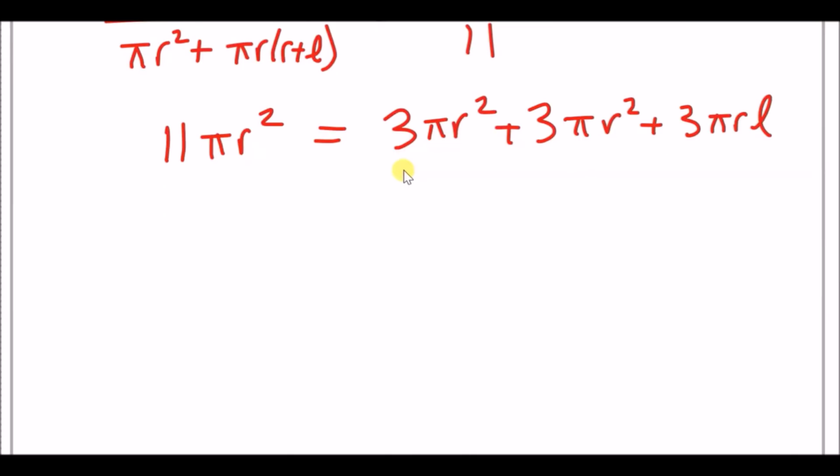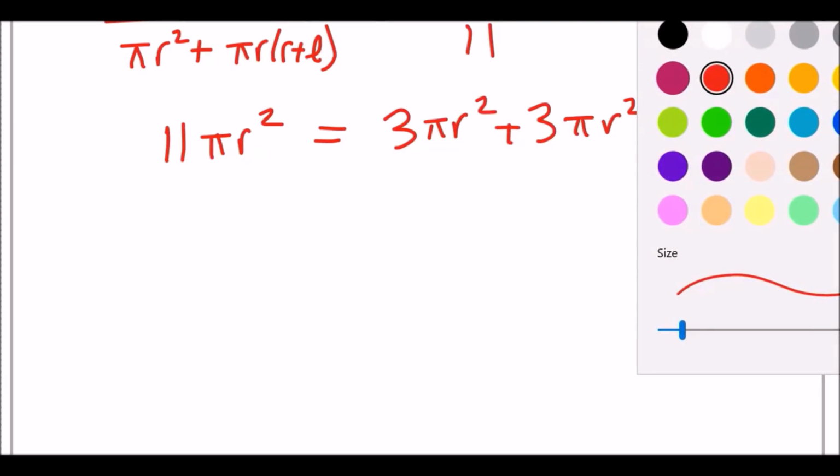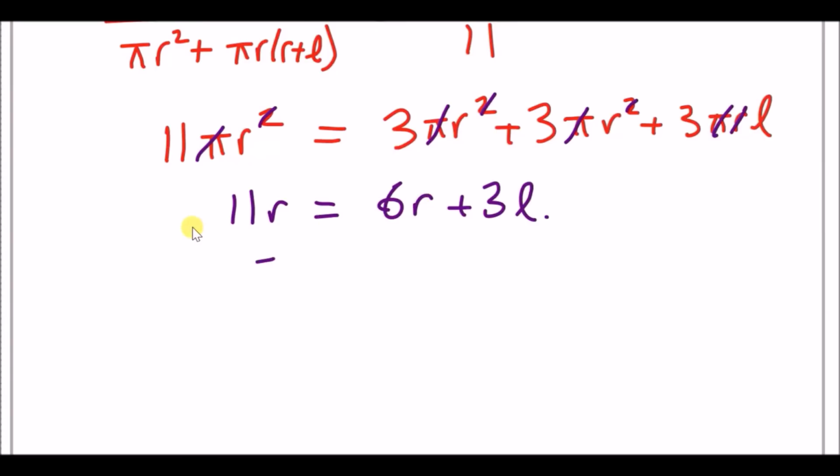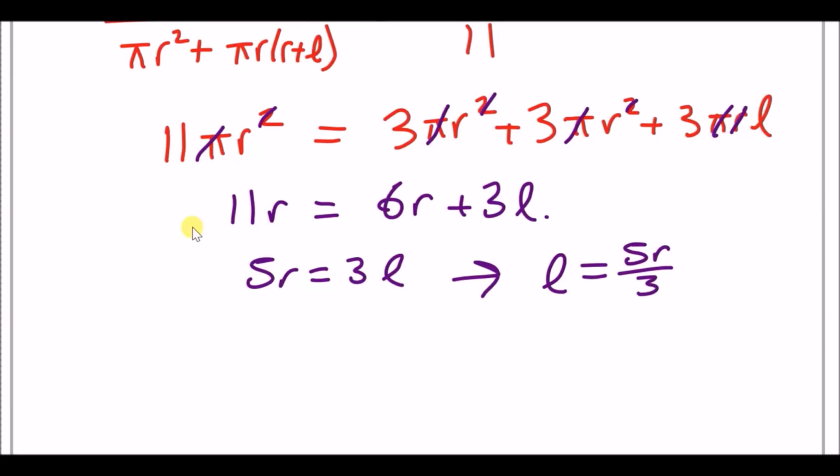Actually, you can cancel all the pi's. Let me just change the color of the pen. So the pi's go, and then you can cancel 1 power of r. So now you've got 11r equals 3r plus 3r, which is 6r, plus 3l. And you can make an expression for L. Subtract 6r, so you've got 5r equals 3l. And therefore, dividing by 3, L equals 5r over 3, or 5/3 of r.